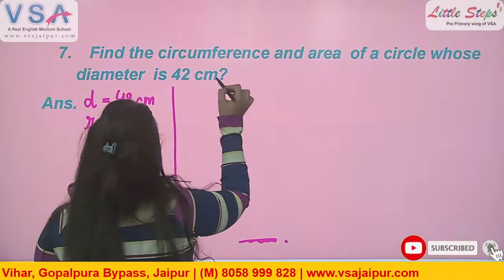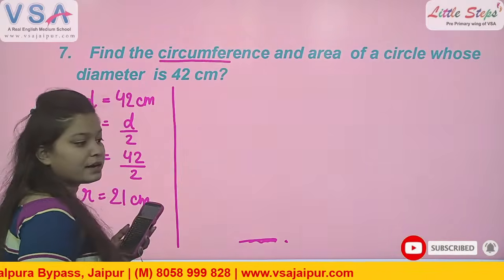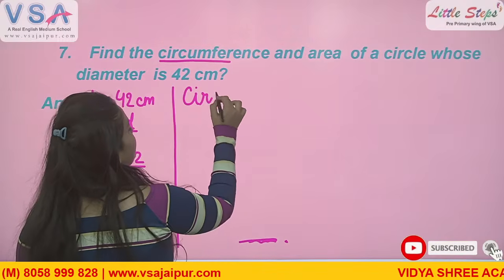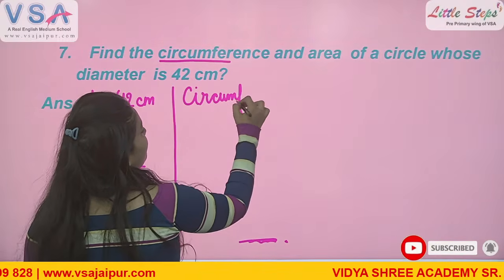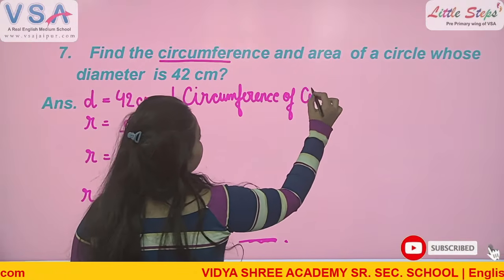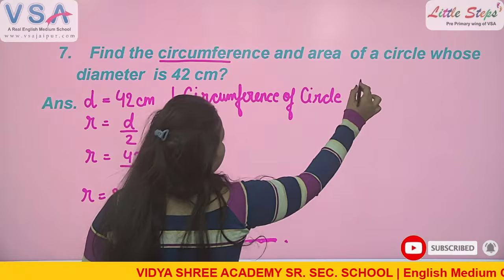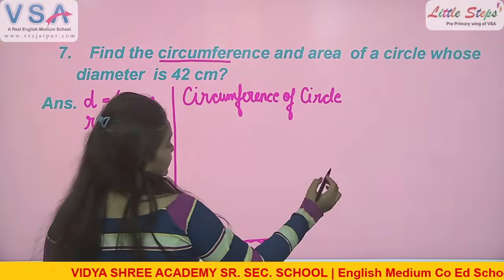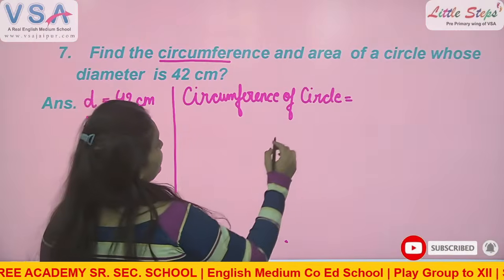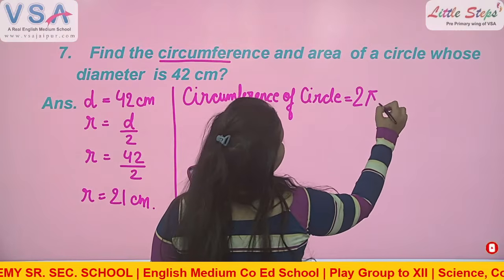Now what do we have to calculate? Circumference. Tell me the formula of circumference of circle. The formula of circumference of circle is 2 pi r. Yes. Let's apply the formula 2 pi r.